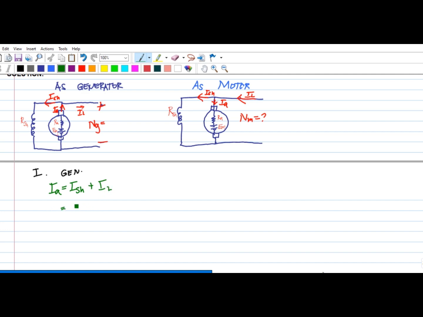So we have I_SH is 200 volts divided by 100 ohm resistor, plus I_L is 60 kilowatts, so 60,000 watts divided by 200 volts.